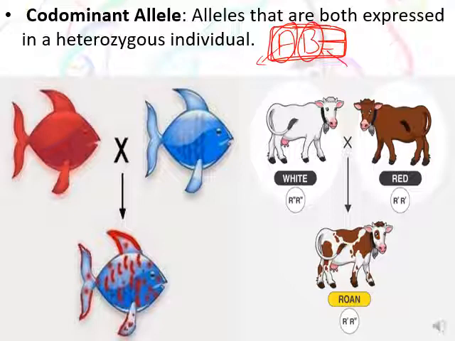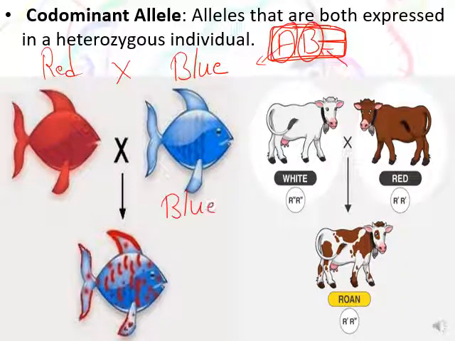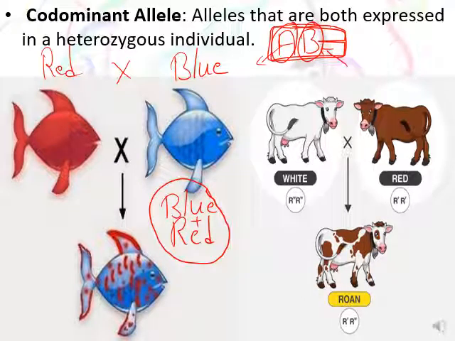Here we have a red fish that's crossed with a blue one. The result is a blue fish with red spots. So both blue and red are expressed. So both colors are expressed here.